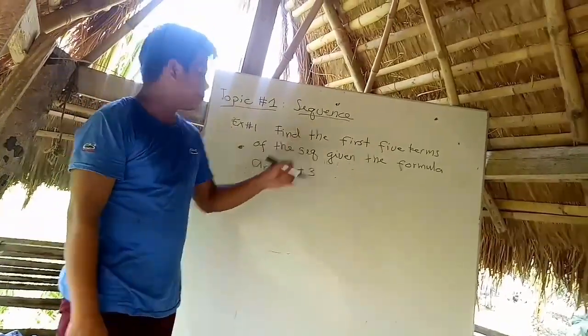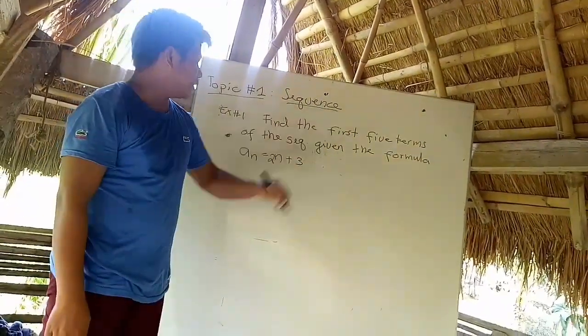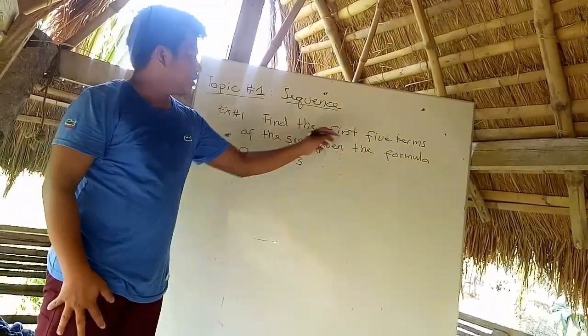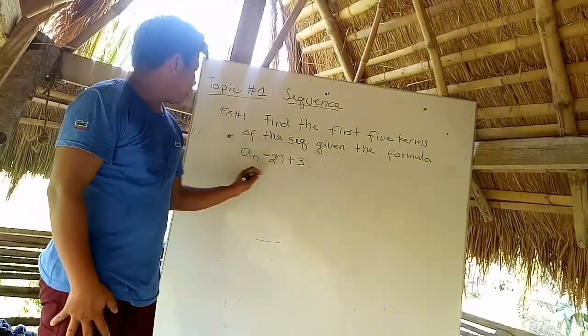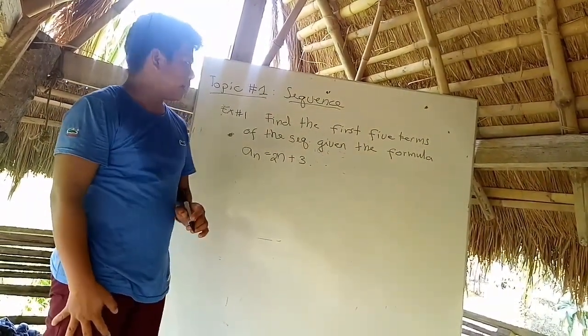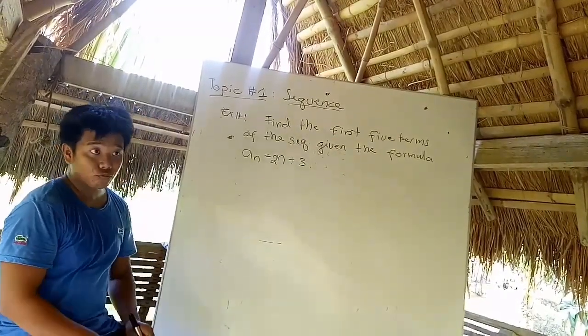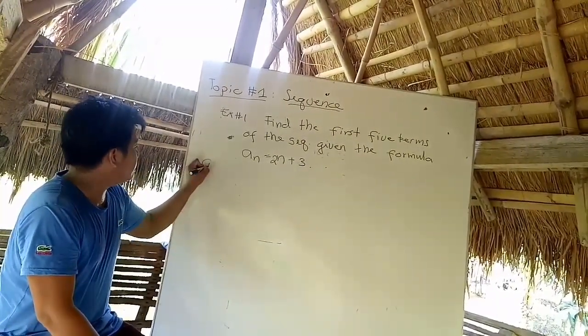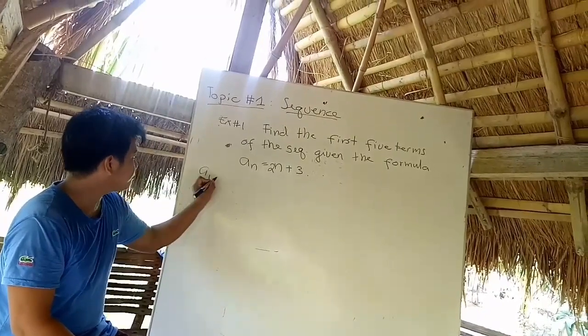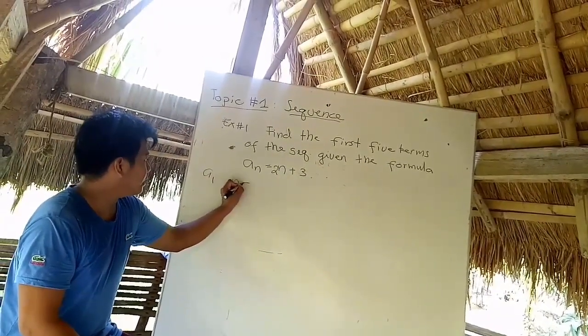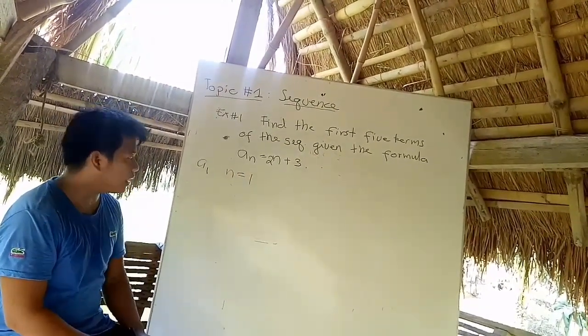Okay, for the first example, find the first 5 terms of the sequence given the formula a sub n equals 2n plus 3. So, for the first term, that is a sub 1, so definitely n equals 1.